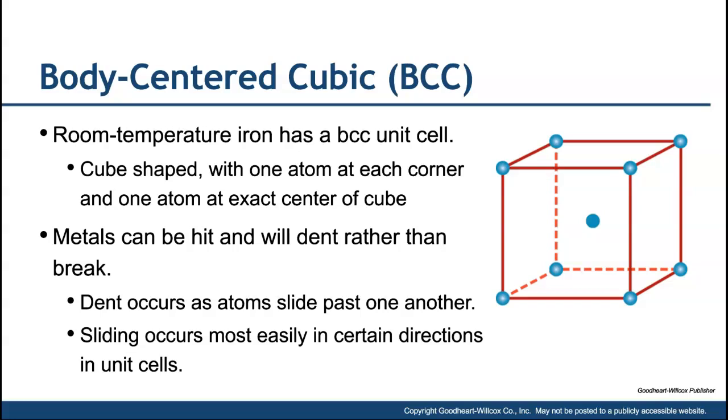That dent occurs as atoms slide past one another. Sliding occurs most easily in certain directions in unit cells. And it is this arrangement of atoms in the body-centered cubic or the other cubic arrangements that helps us achieve different property structures in the material.